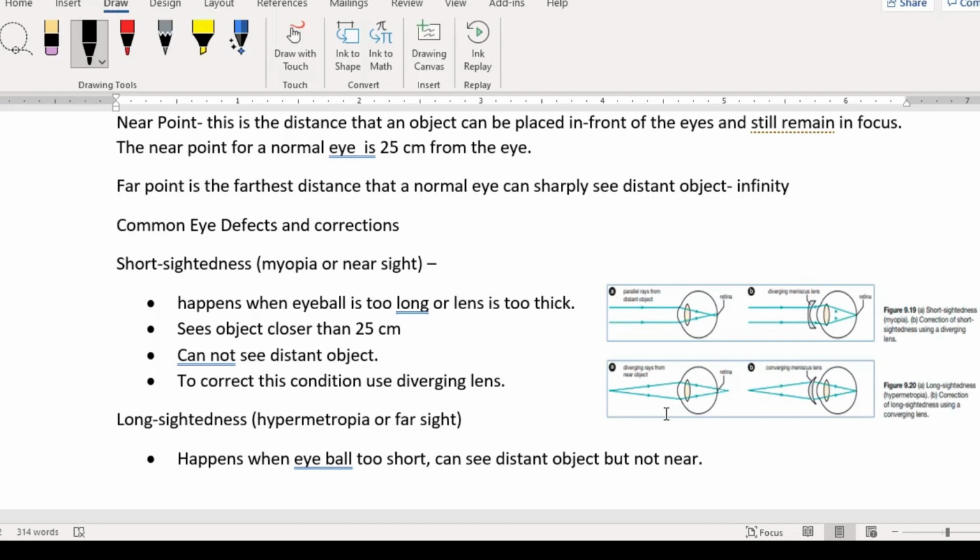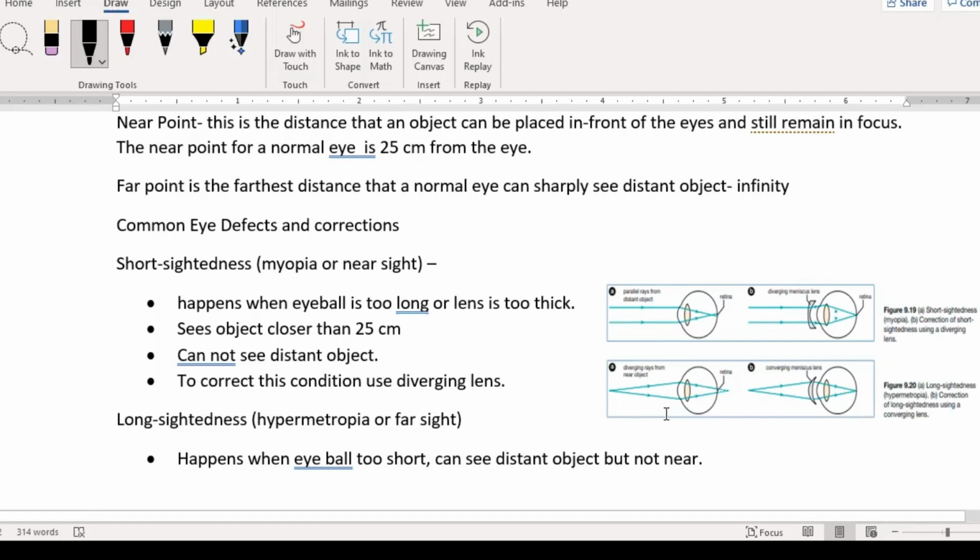This is generally linked to short-sightedness. Persons with short-sightedness are mostly able to see objects closer than 25 centimeters, which means their near point is less than 25 centimeters. But they cannot see distant objects.